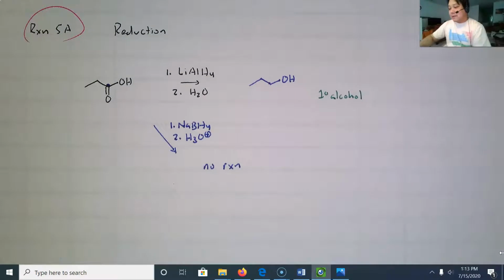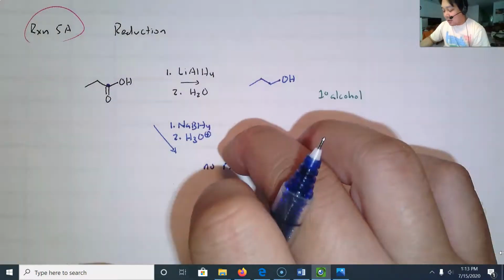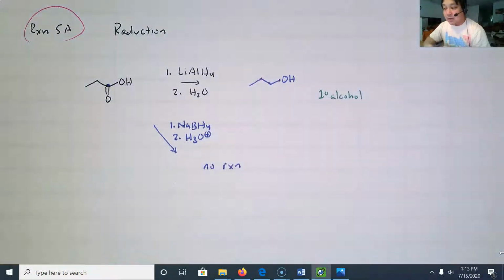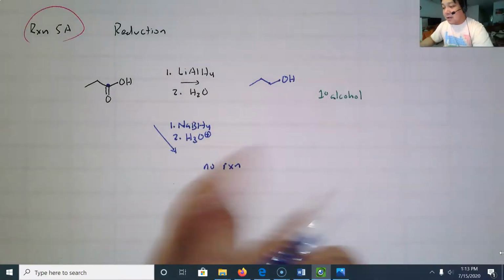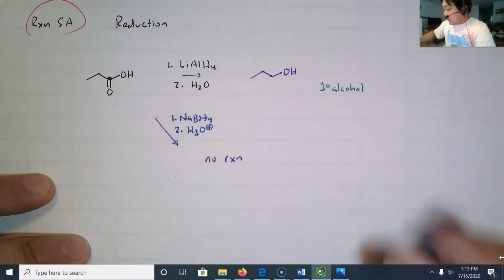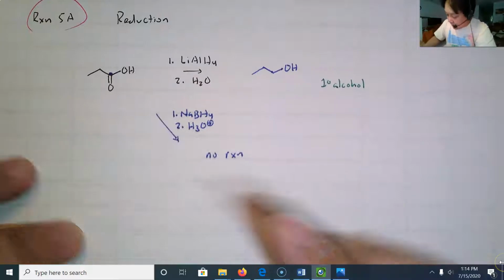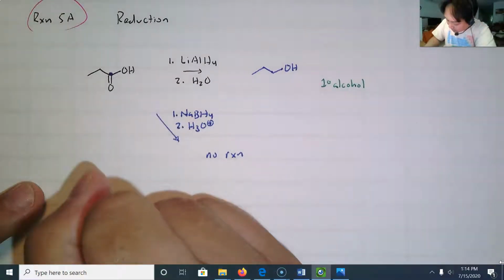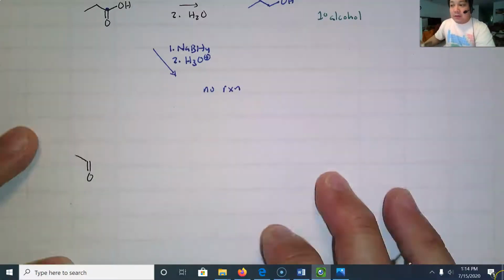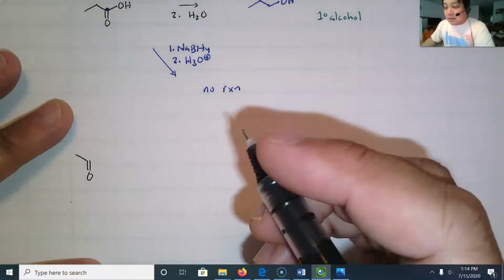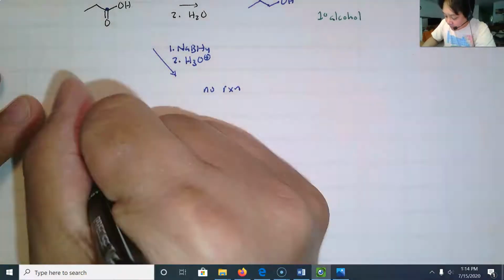So if you have a carboxylic acid and maybe a ketone in the same molecule, you can selectively reduce that. Let me give you an example, actually. And this molecule is going to have several reducible functional groups.